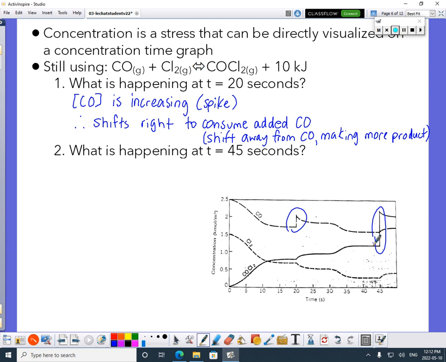Okay, so at 45 seconds, what happened? This time, it's the solid line, which is the product. So increasing COCl2, which is the product.